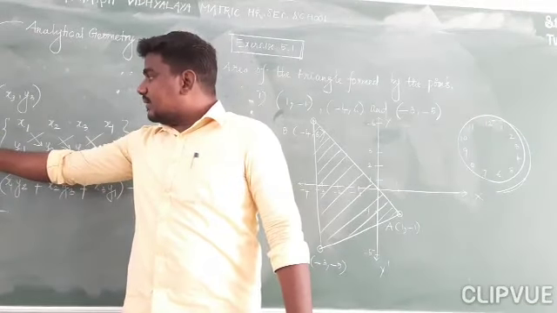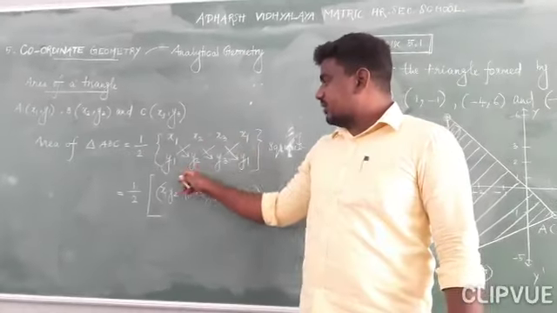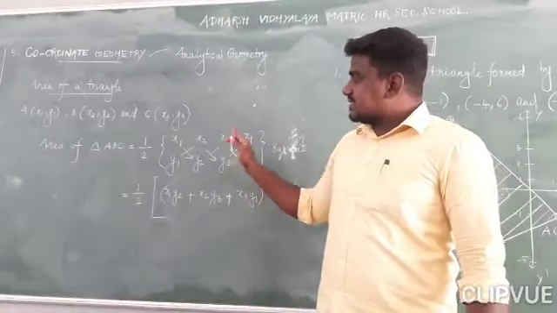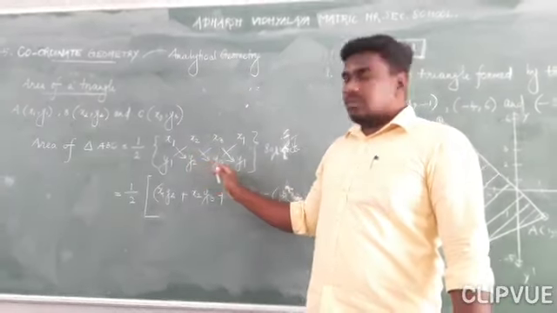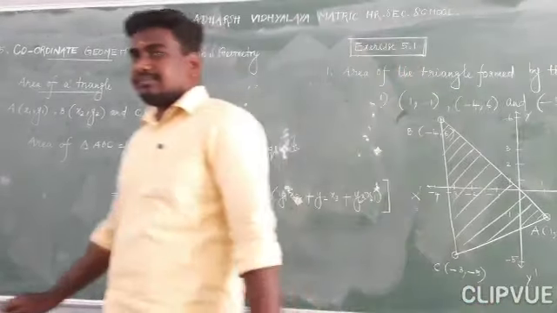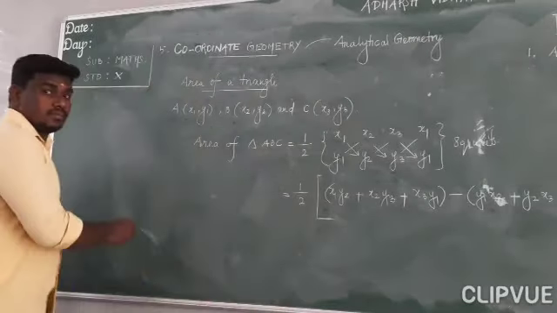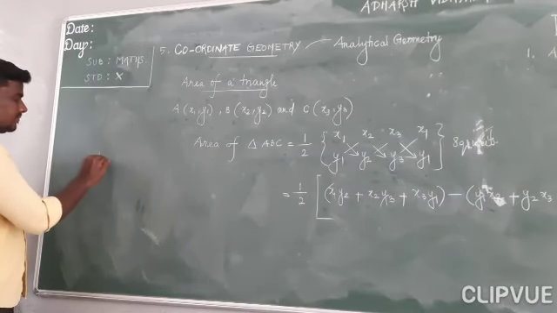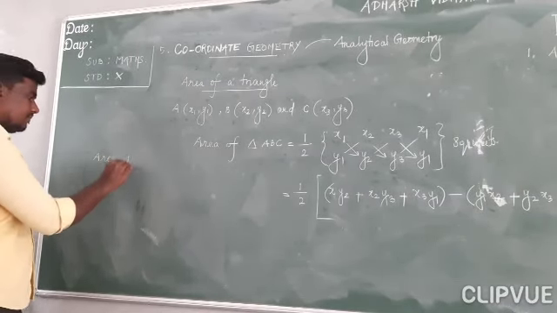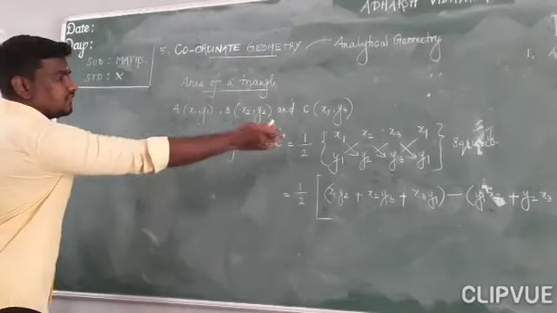Area of triangle ABC is equal to half into the determinant of x1, x2, x3, x1 over y1, y2, y3, y1. First we replace the values of x1, x2, x3, x1 and y1, y2, y3 here. This is the formula.